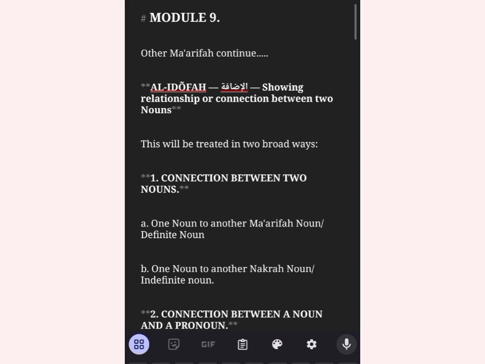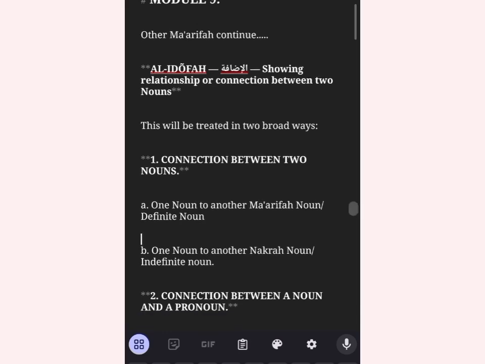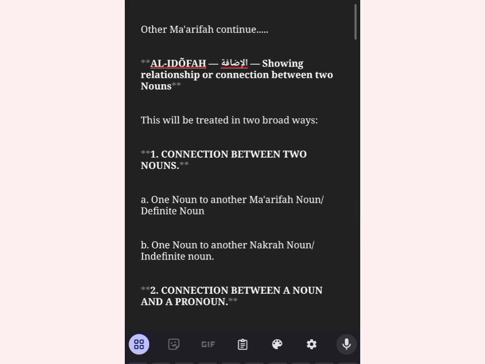This connection, we're going to be looking at in 2 broad ways: connection between 2 nouns, and of course connection between a noun and a pronoun. For the connection between 2 nouns, we'll look at a connection between a noun and a ma'rifah noun, and a connection between a noun and another nakra noun.